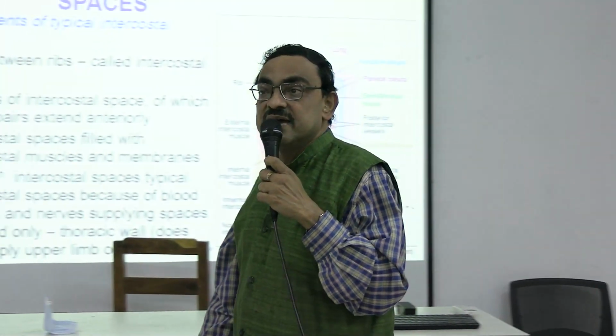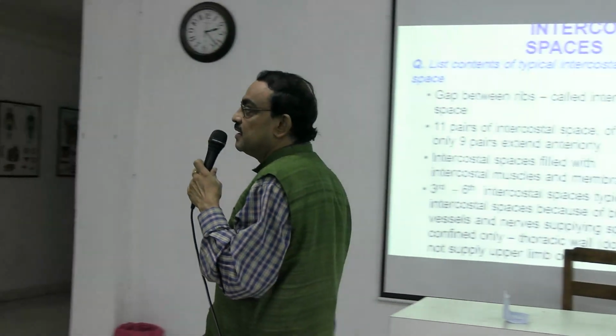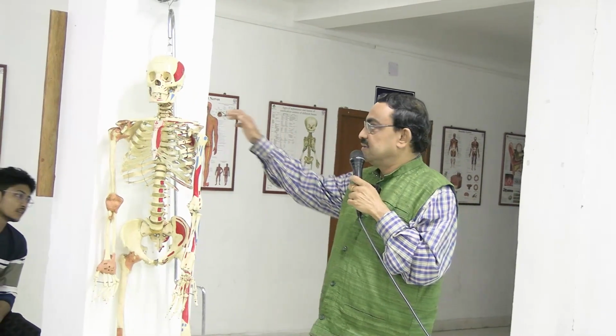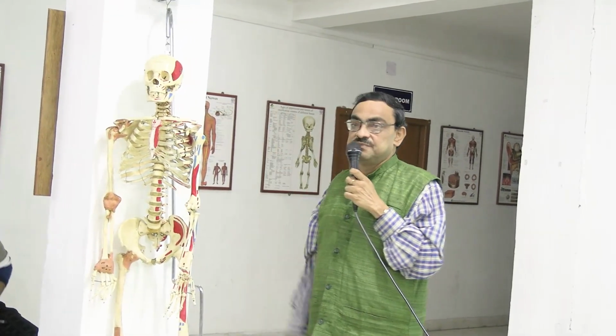In the first space we will see nerve, artery and vein. And now we have to know what the typical intercostal spaces are.